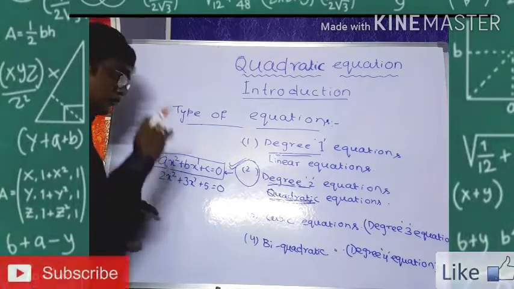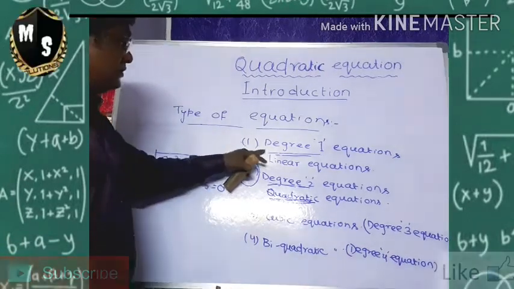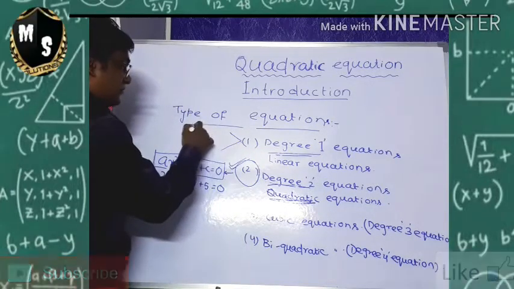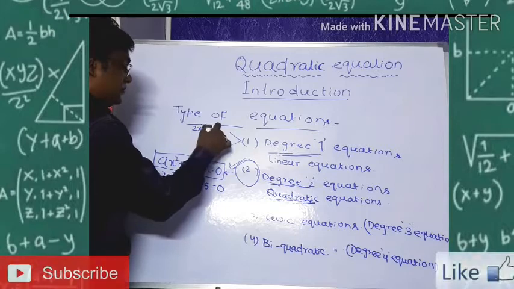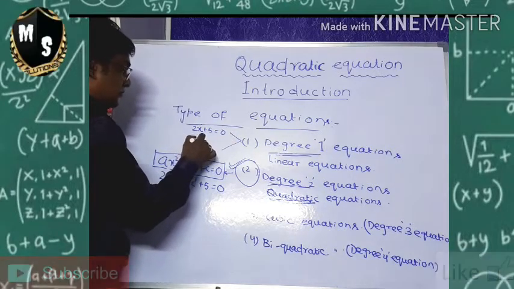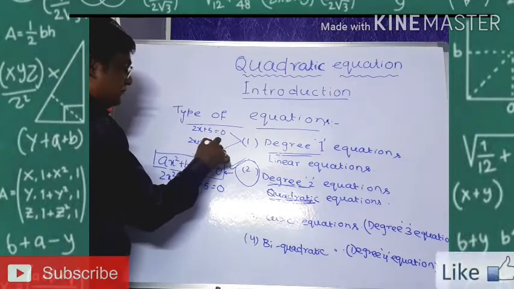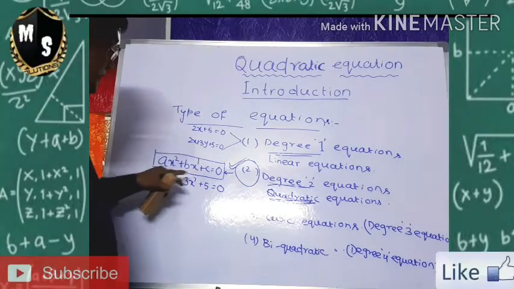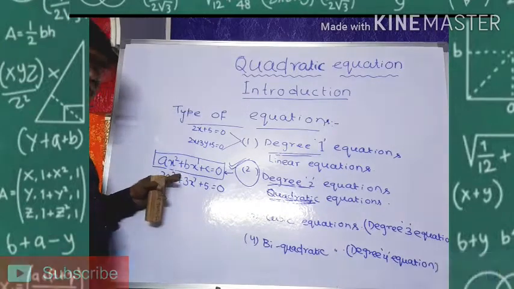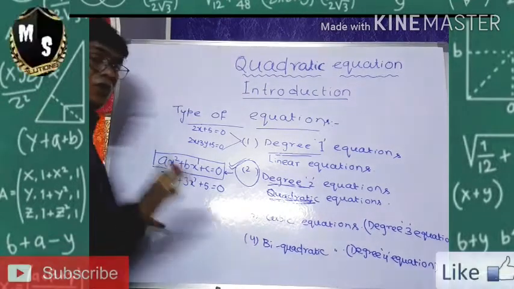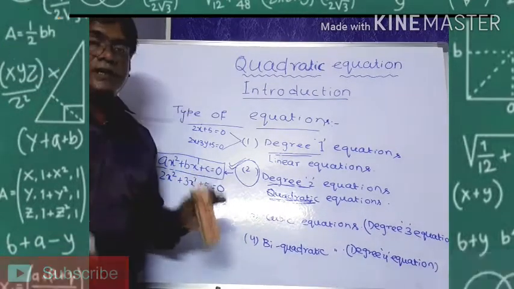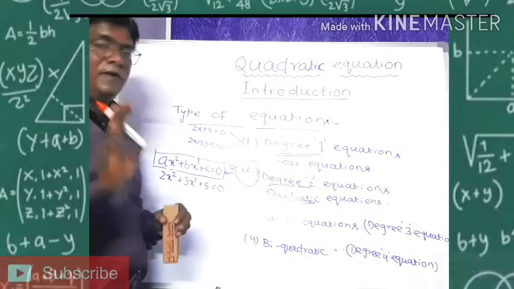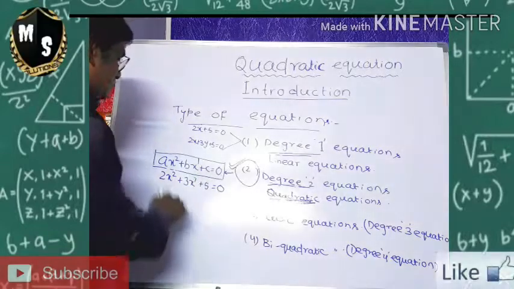Here one thing you mark: linear equations, the degree 1 equations, can be available in two variables, like 2x plus 5 equal to 0 and 2x plus 3y plus 5 equal to 0, in one variable and in two variables. But degree 2, degree 3, degree 4 equations will be available in a single variable only. So there will be only one variable in the equation, and here the variable is x.